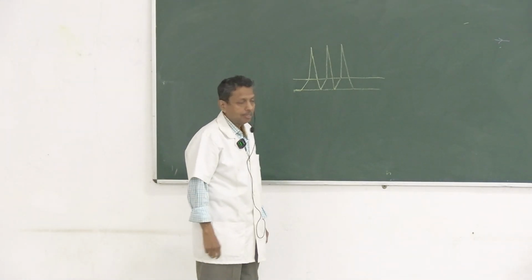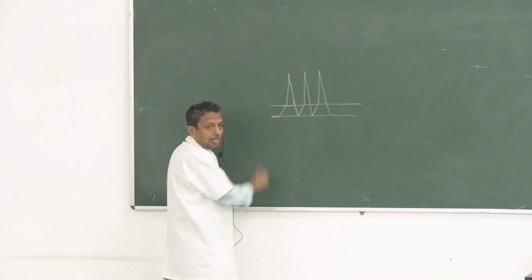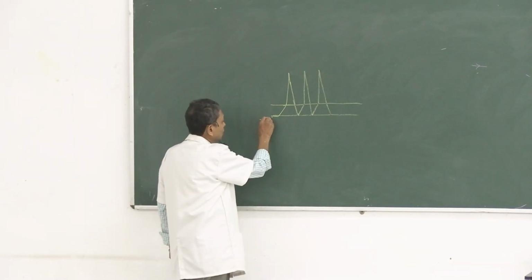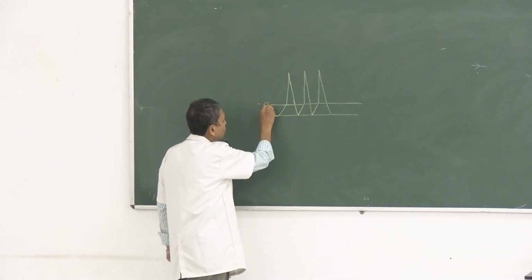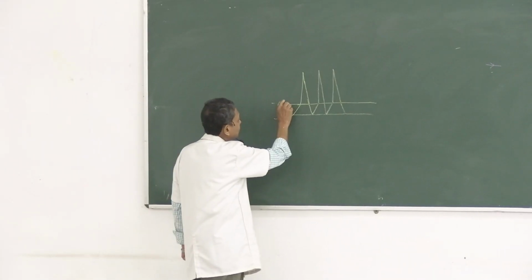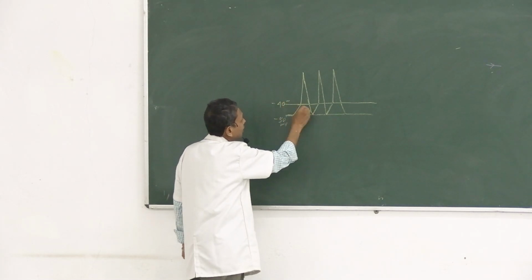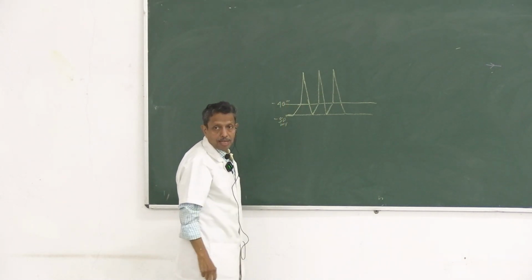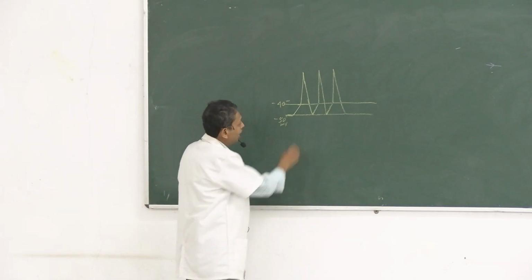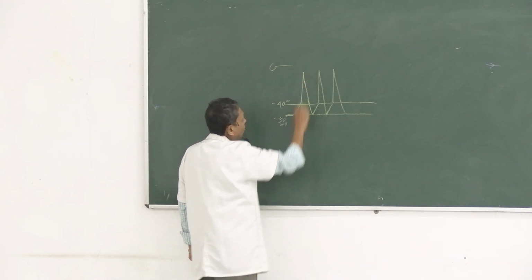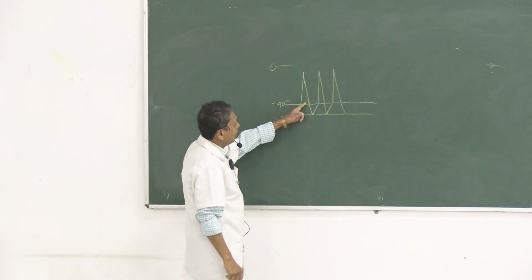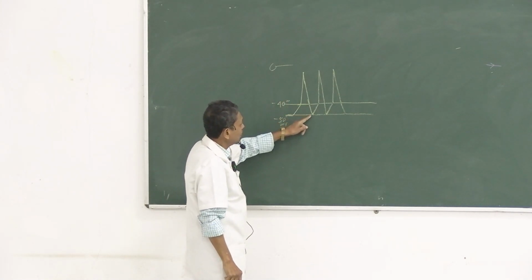Suppose the resting membrane potential is relatively minus 50 millivolt. Suppose it is minus 65 or so, or rather minus 45 or so, 40 millivolt, and then there is the action potential, and then it is the zero level. It may reach or may not reach the zero level, and then there is repolarization.